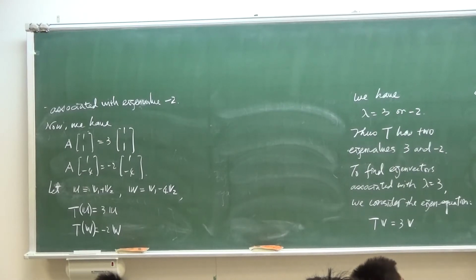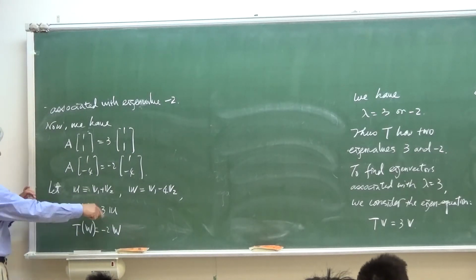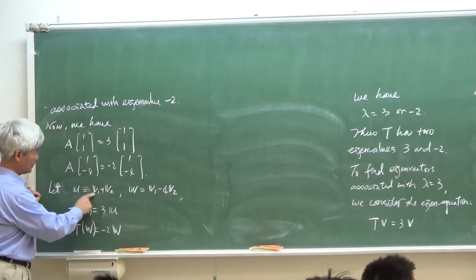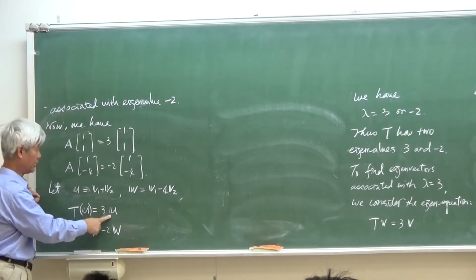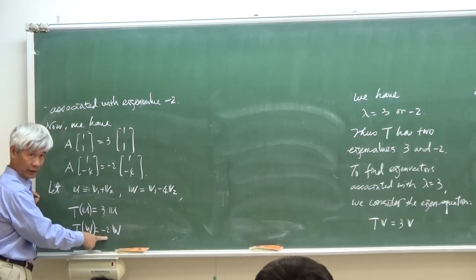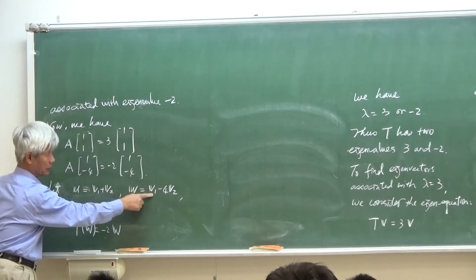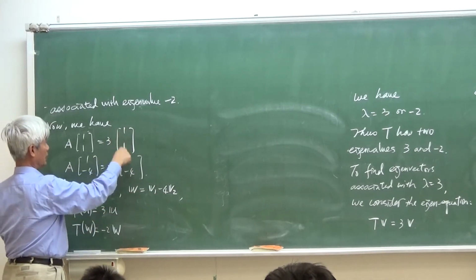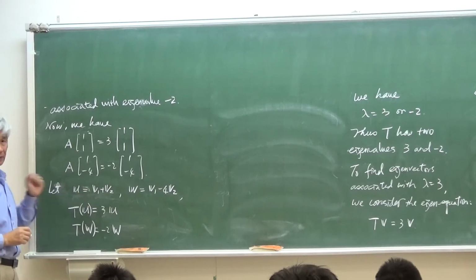So we find 3 is an eigenvalue, and U here is an associated eigenvector. And minus 2 is an eigenvalue, and we find an associated eigenvector W. Because we know they are B coordinates, we can synthesize that.